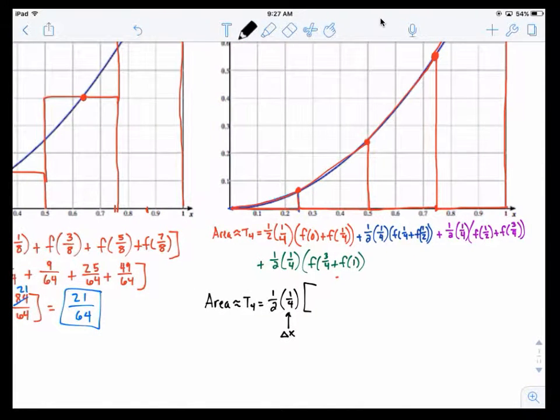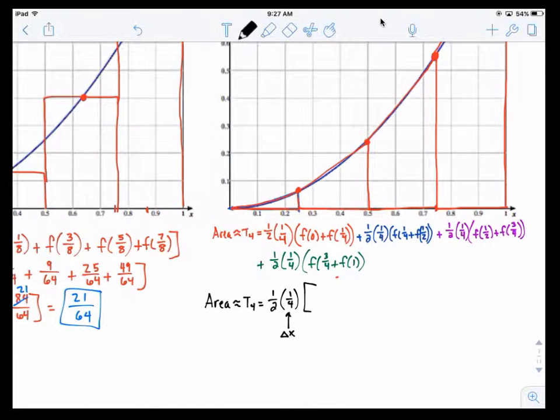All right, now, looking at what we have left, how many times does f of 0 appear? Once, okay. How many times does f of 1/4 appear? F of 1/2? Twice. 3/4.